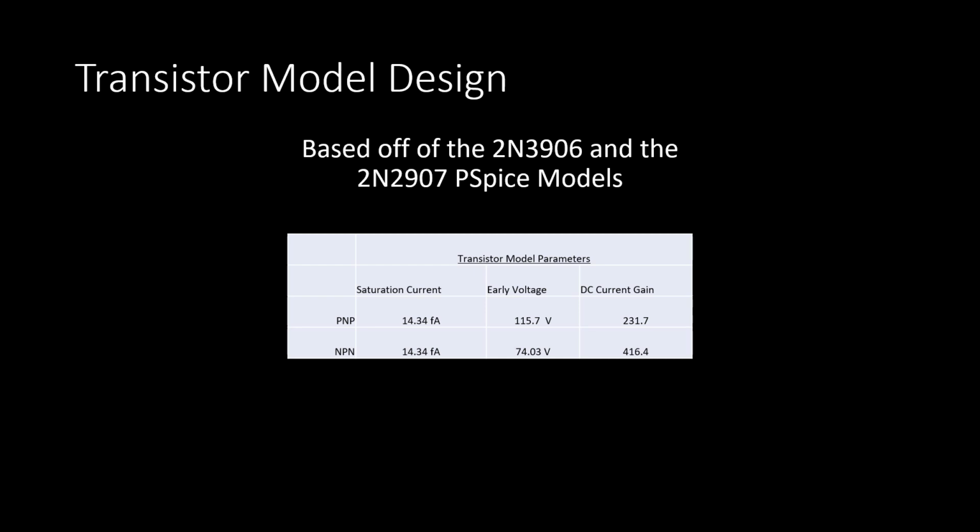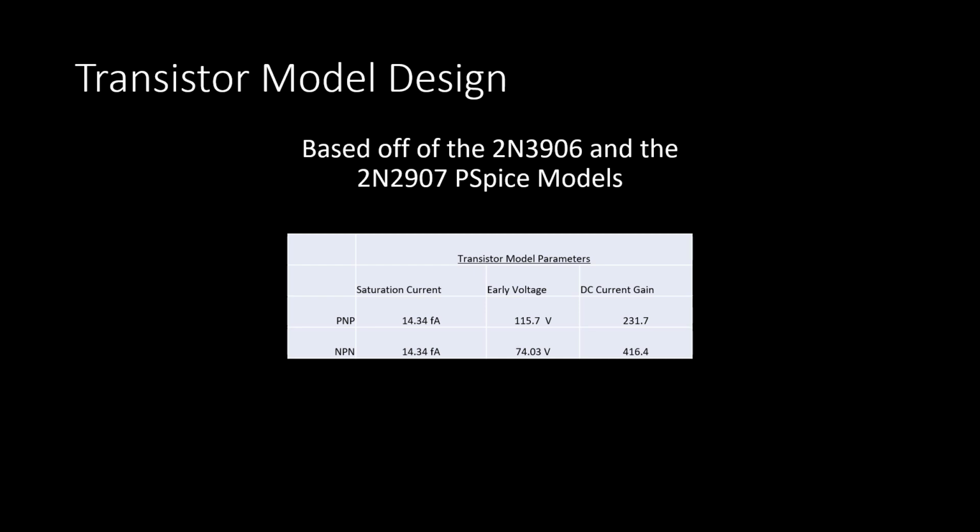The early voltage determines the output resistance of the transistor. A higher early voltage is better because I would like to have more of a loading effect when it comes to current mirrors.